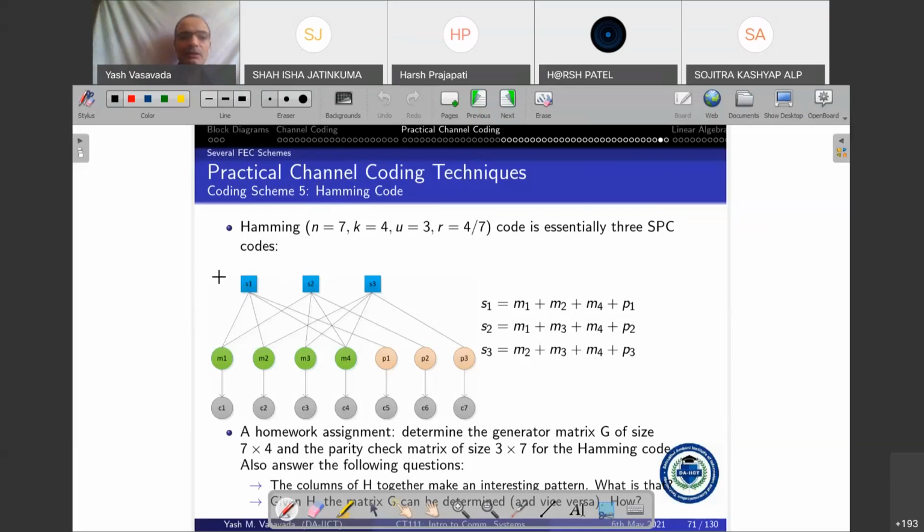He came up with this particular coding scheme, which people find very nice and beautiful. And we will see why it is like that.